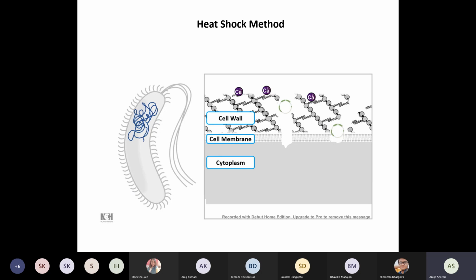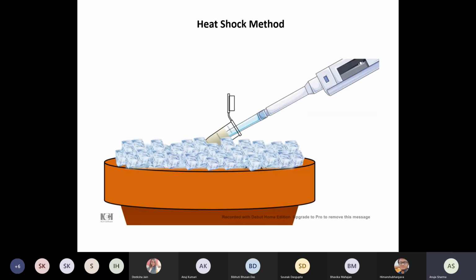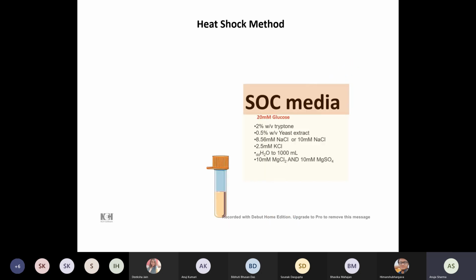Now the bacteria are in stress, so they need to grow, and that's why we take the transformant solution and put it into SOC media. SOC media is basically a media enriched in tryptone and a lot of glucose. This media allows the bacteria to grow, because if we directly plate it, the plate already has some kind of antibiotic.